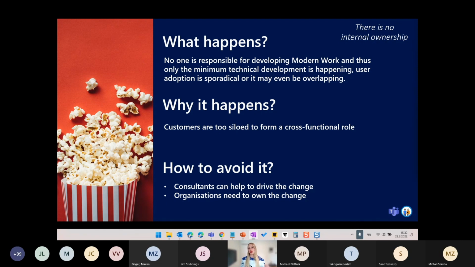So it's not only IT, it's not only communications, it also could be a bit of HR, especially if we talk about Viva Insights, or employee experience. If we talk about Viva Learning, it may be, for example, a person who is responsible for organizational learning.